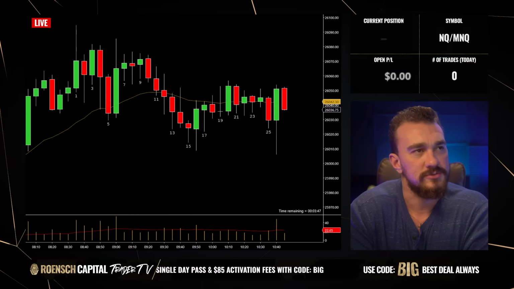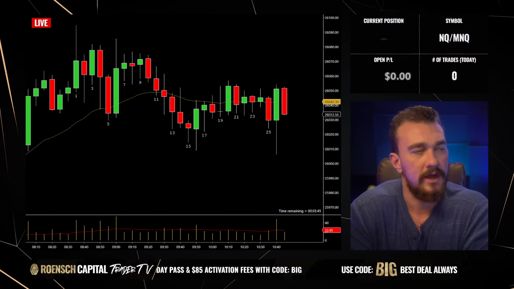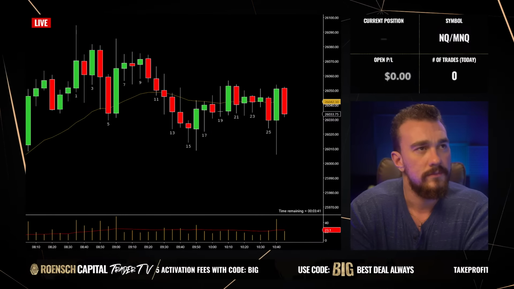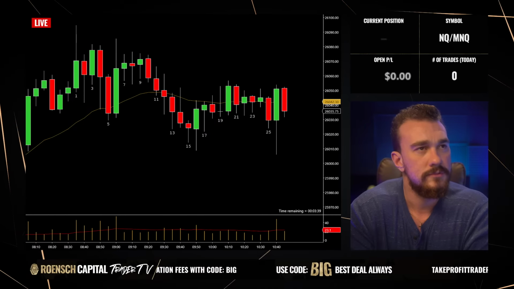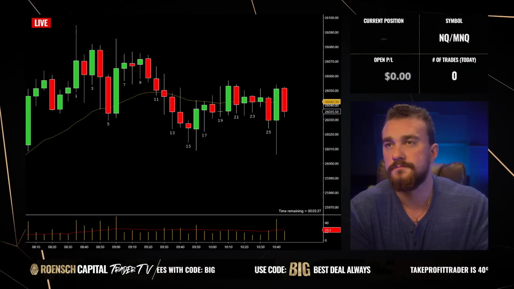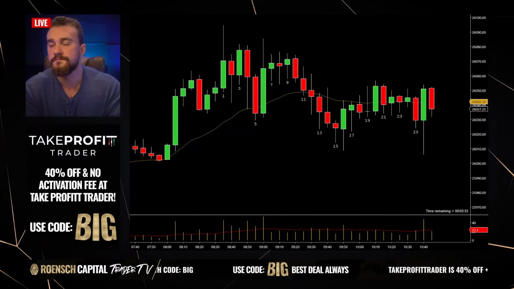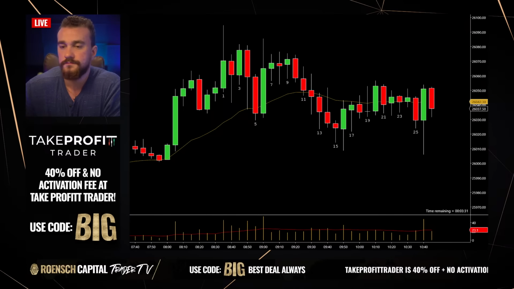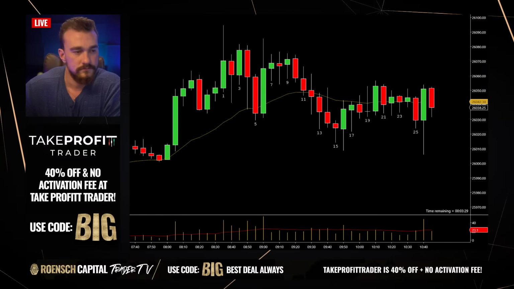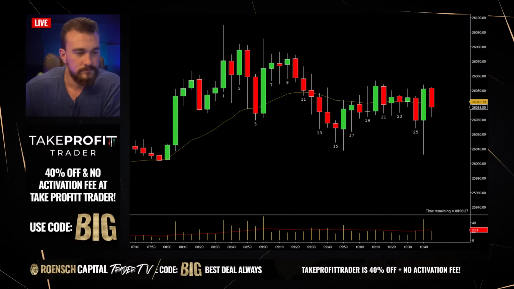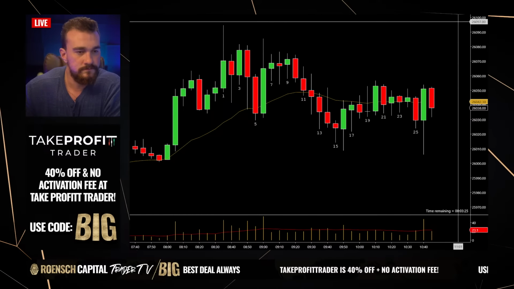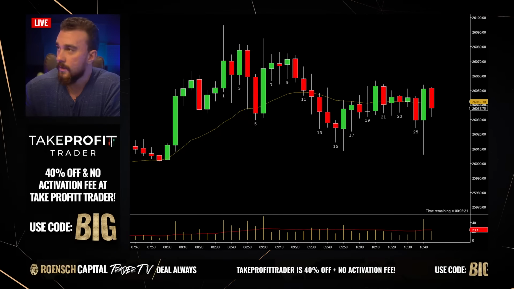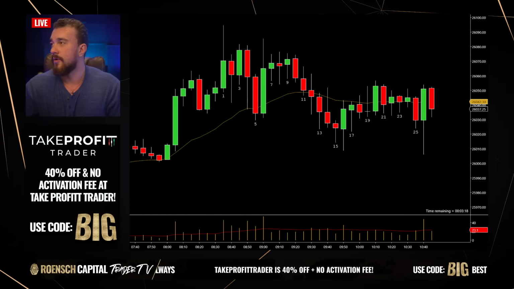All right, that right there is about the dead center of the trading range. A little higher than that, obviously. Yeah, range so far in the day about 89 points.